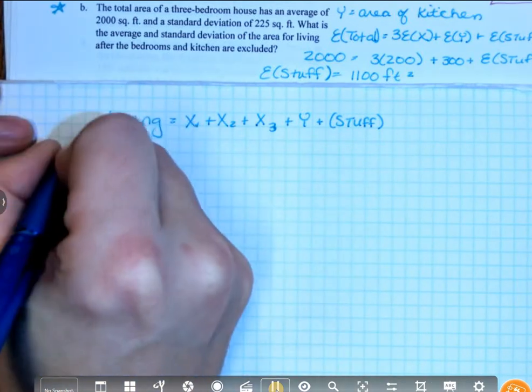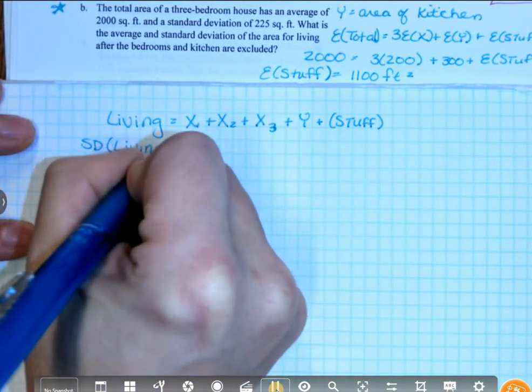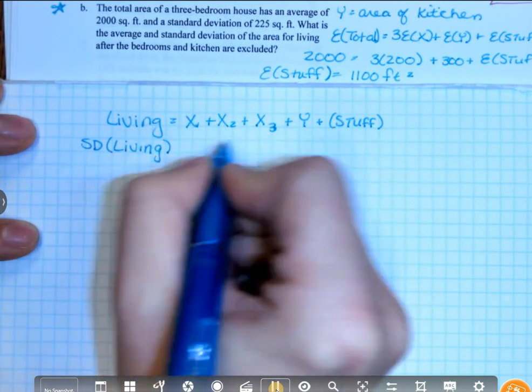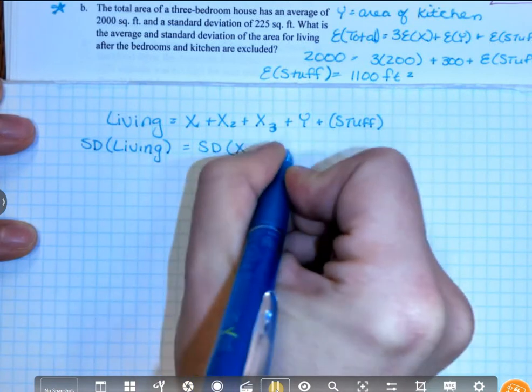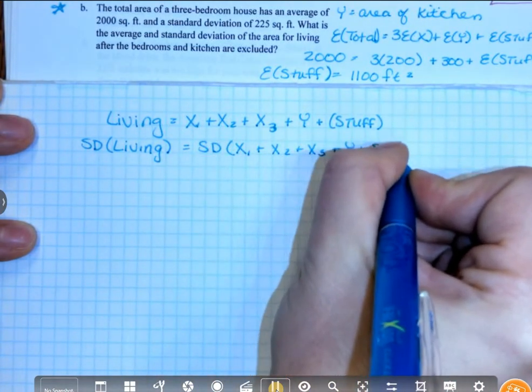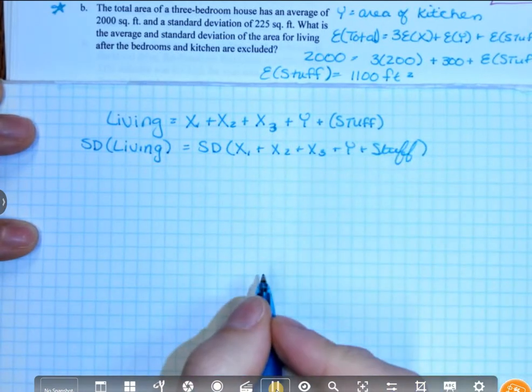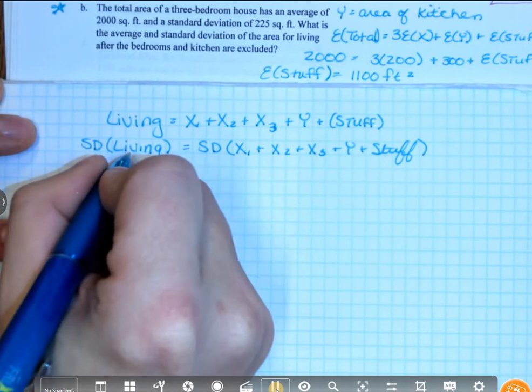That means the standard deviation of the living room, I have to somehow write in terms of the standard deviation of all this other stuff. The living room had a standard deviation of 25 feet squared.